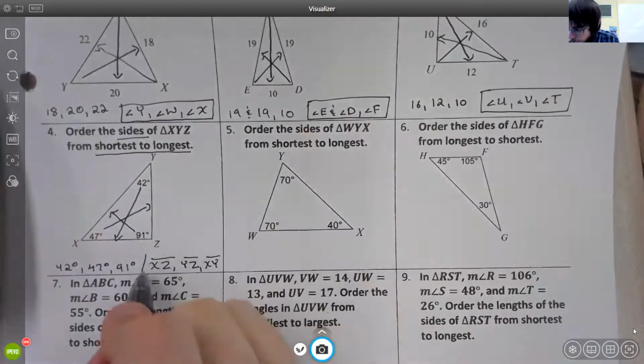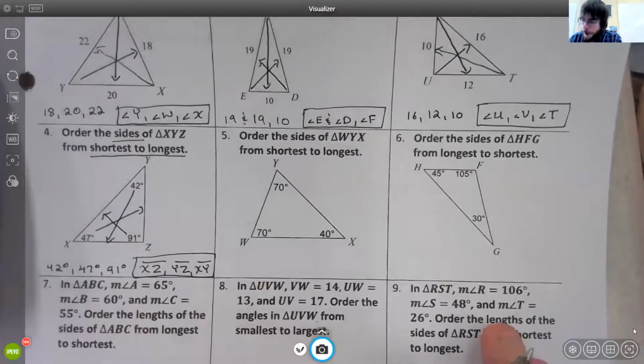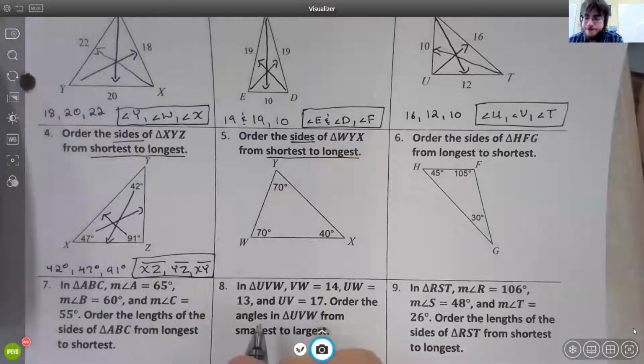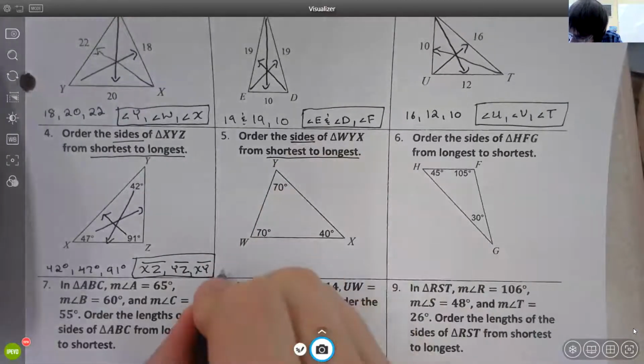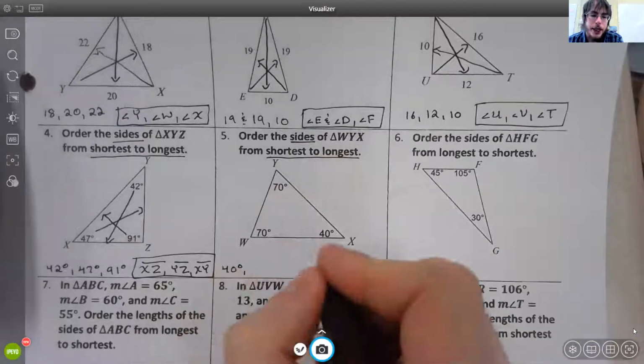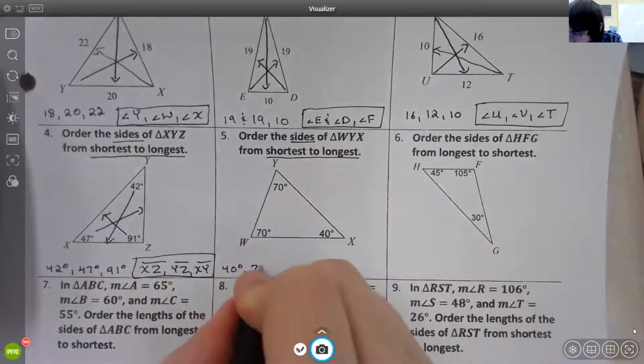All right, same process for number 5. Number 5 wants us to order the sides of triangle WYX from shortest to longest. So we're going to take our smallest angle, which is 40. Then we're going to take our next angles, which are both 70, so they would go together.